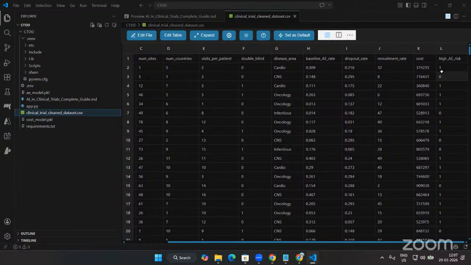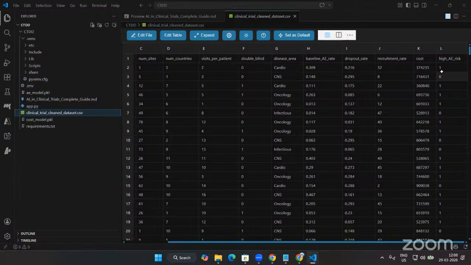This type of file you may get from sources such as kaggle.com, GitHub, or any open data source platform. You can get this type of data from any such places.